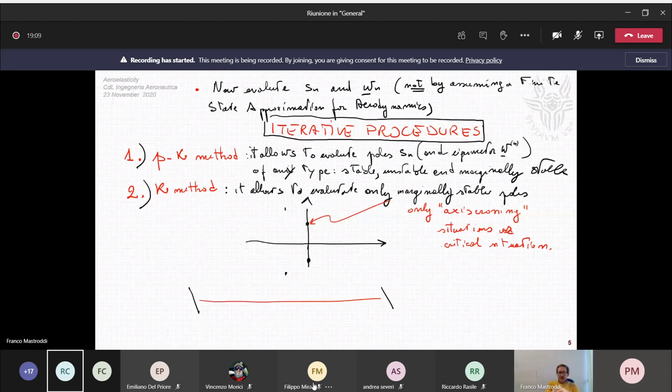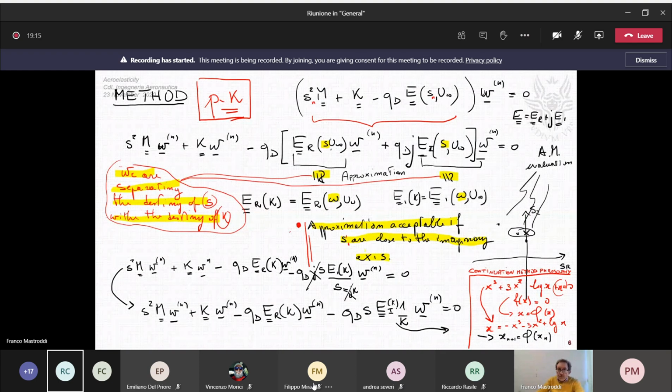Okay, so this is the main difference between the PK and K method. So in the PK method, we introduce some approximation. In particular, we assume to evaluate the aerodynamic matrices only on the imaginary axis. And this is an approximation, of course, and it is negligible whenever the poles are close to the imaginary axis.